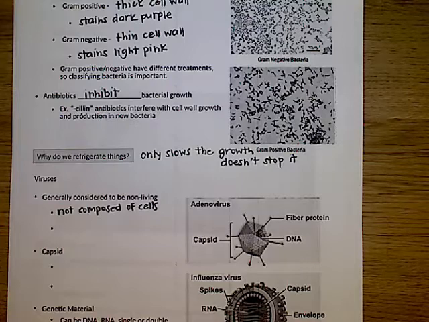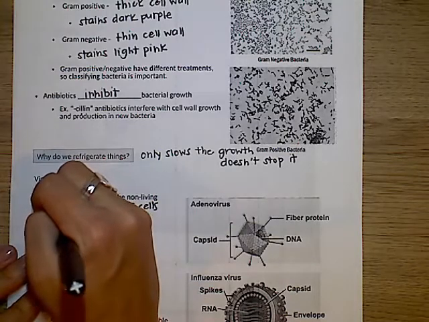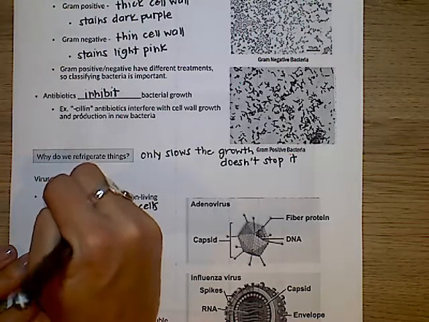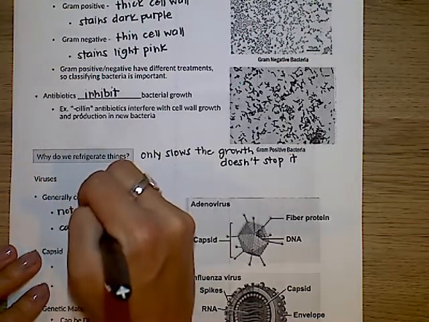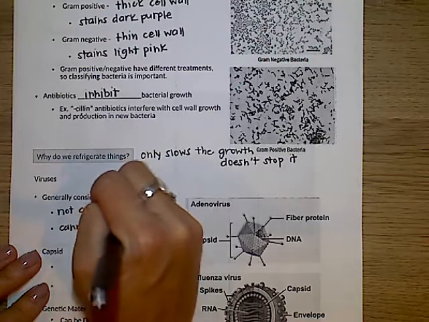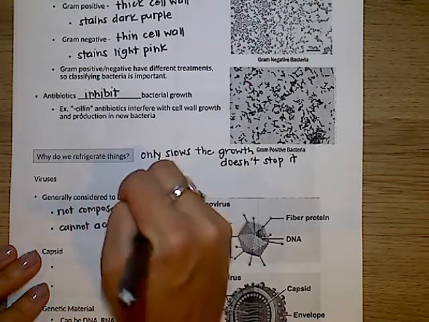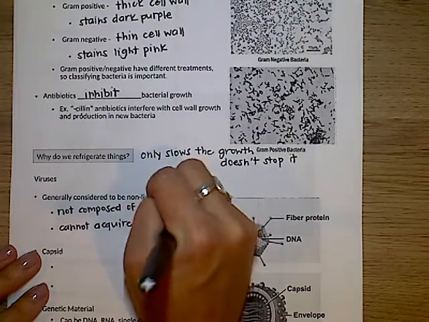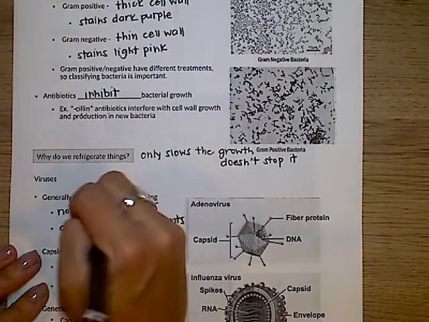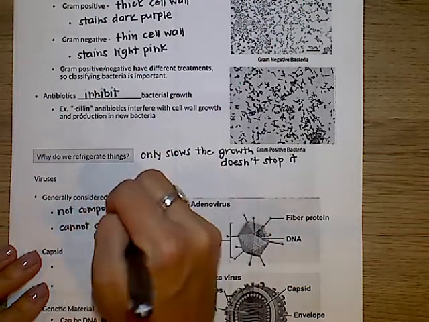And viruses cannot do that on their own. However, they can do that with the help of a host. So they cannot acquire nutrients because they need a host to do that.